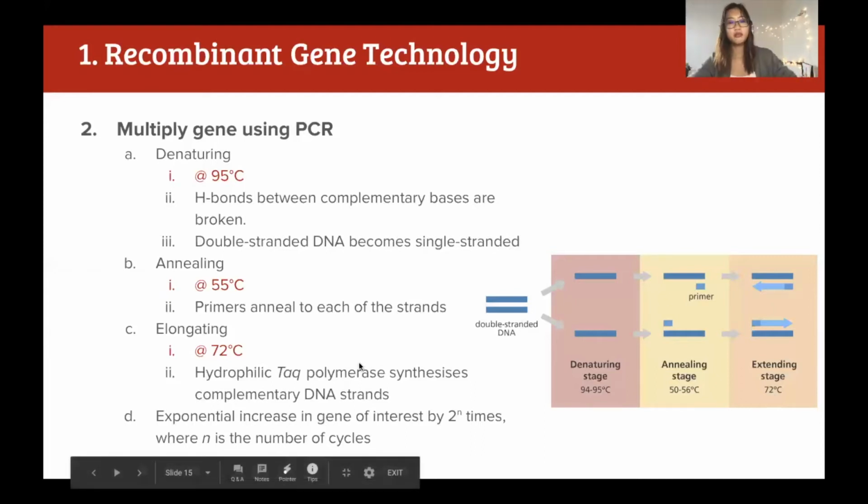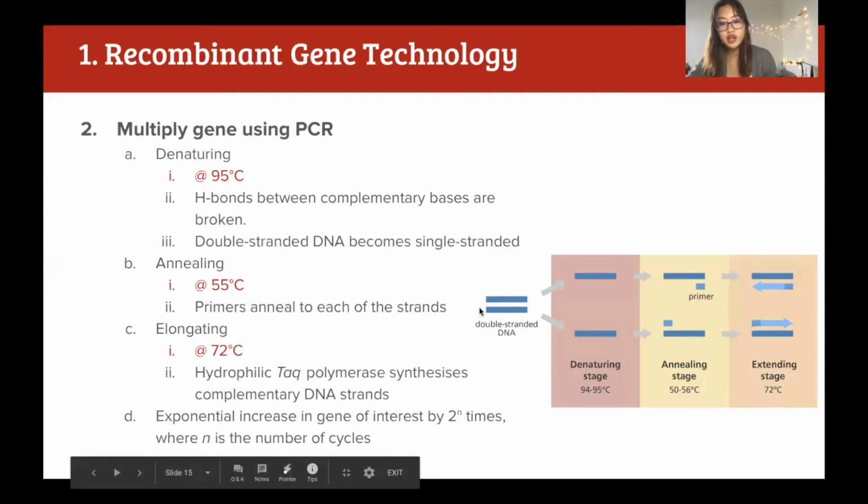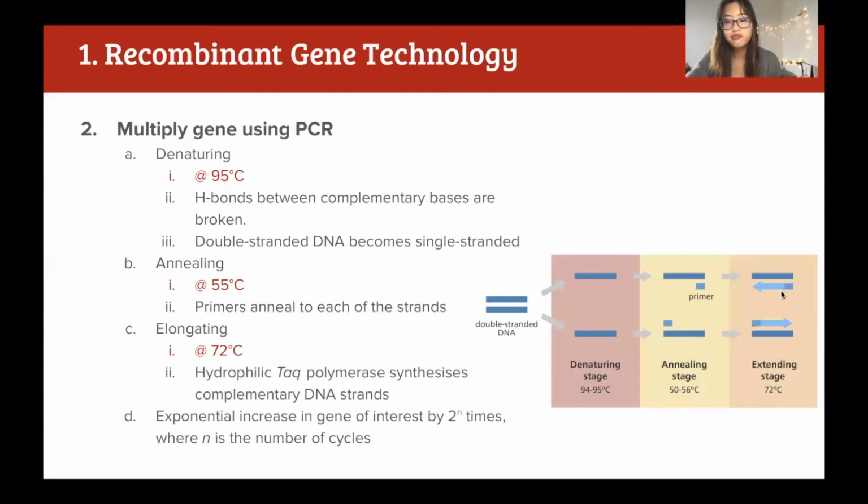So once this process is complete, we have an exponential increase in the copies of our gene of interest, because as you can imagine, from one copy we have 2, from 2 copies we'll have 4, from 4 to 8, from 8 to 16, and so on, and you get a very steep exponential increase.